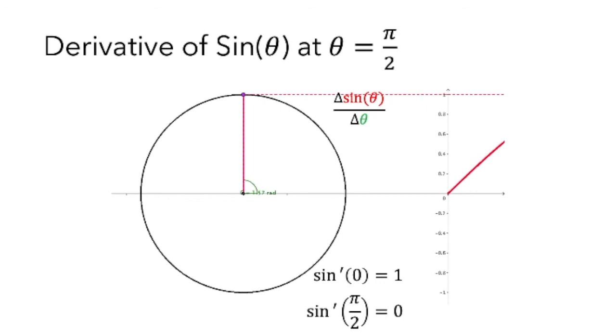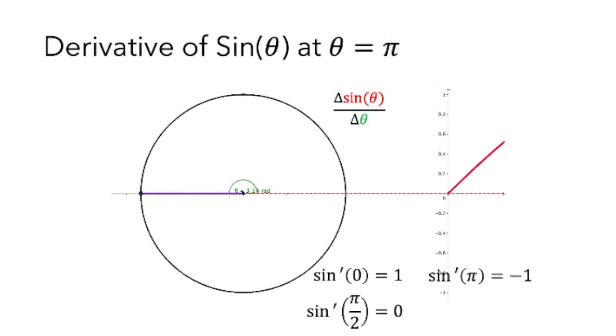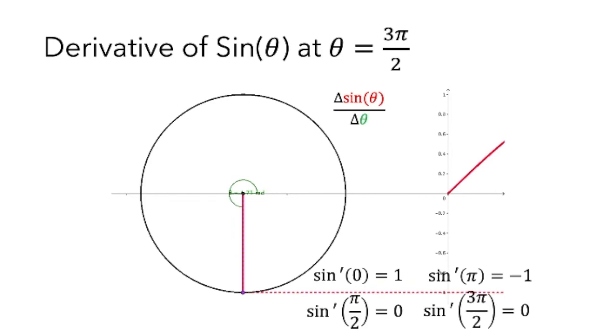This tells us that the value of the derivative of sine of theta at pi over 2 radians is equal to 0. If we continue to look at how the value of sine changes as we go around the circle, we'll see that the derivative of sine at theta equals pi will be negative 1. And the derivative of sine at theta equals 3 pi over 2 will be 0. Let's zoom back out.